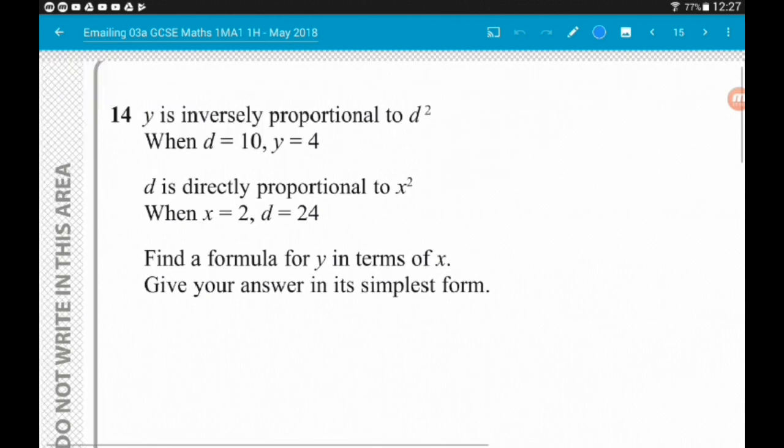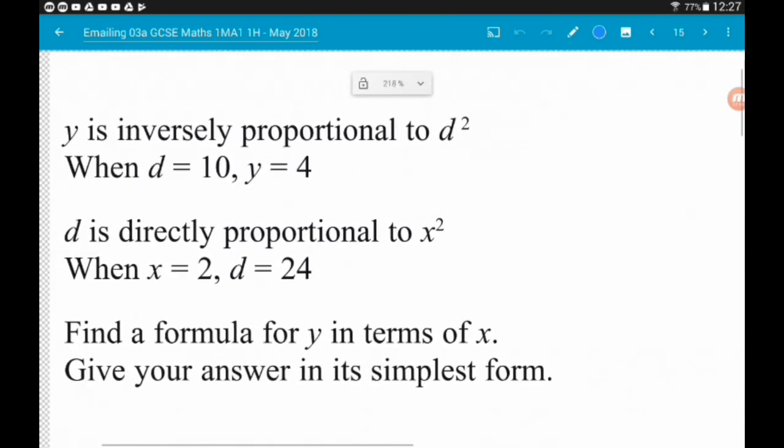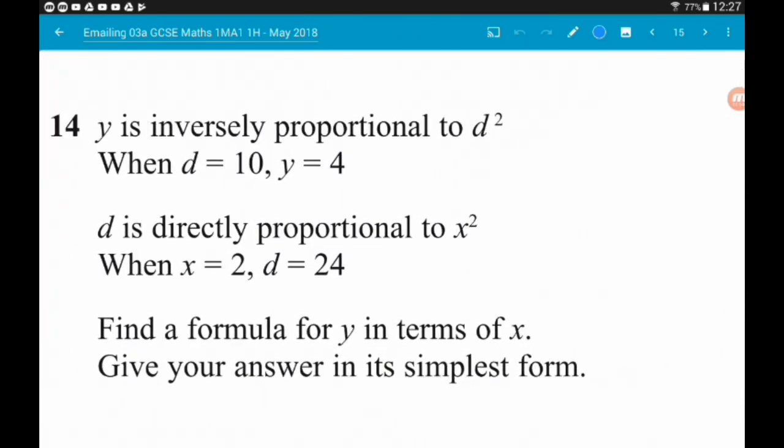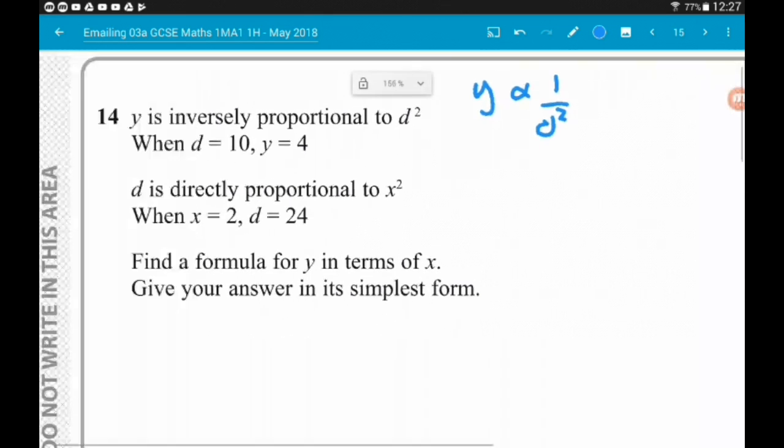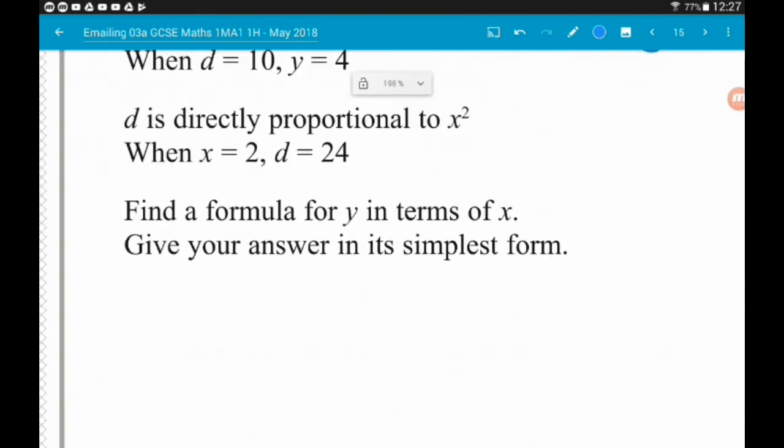So the top one, y is inversely proportional to d squared. So from that we get that y is proportional to 1 over d squared, and the formula that we would use, so I'm going to do that down here, is y is equal to k over d squared.